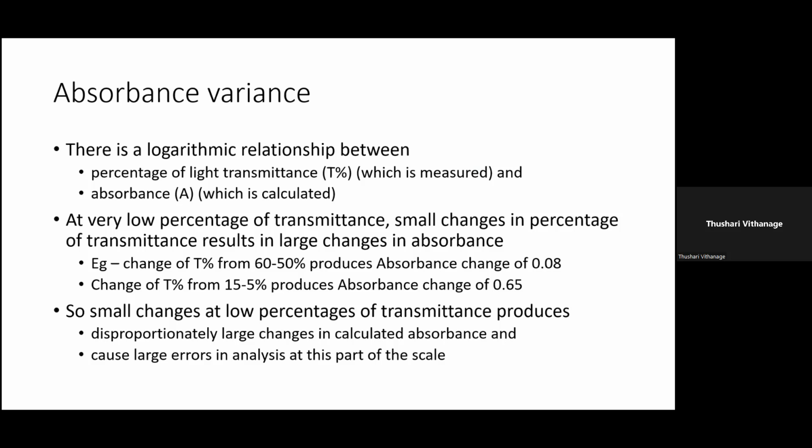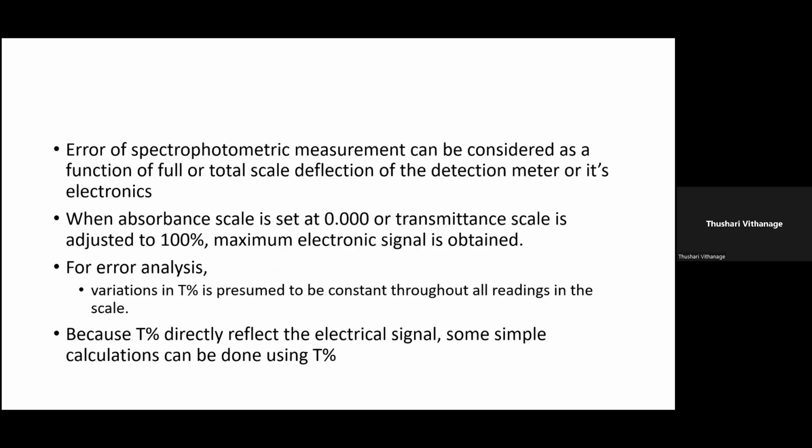But when there's a percentage transmittance change from 15 to 5, it produces an absorbance change of 0.65. So small changes at very low percentages of transmittance produce disproportionately large changes in calculated absorbance and cause large errors in analysis at this part of the scale.